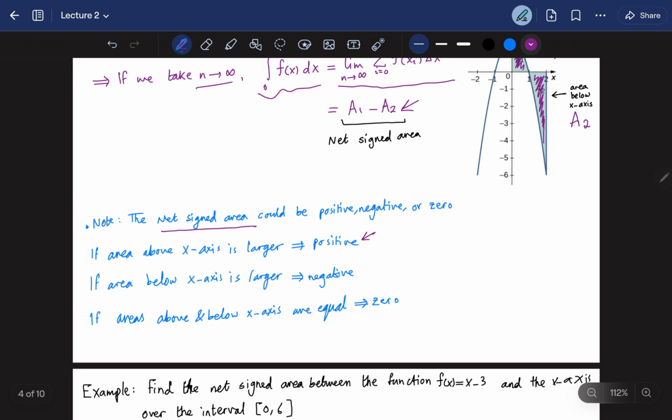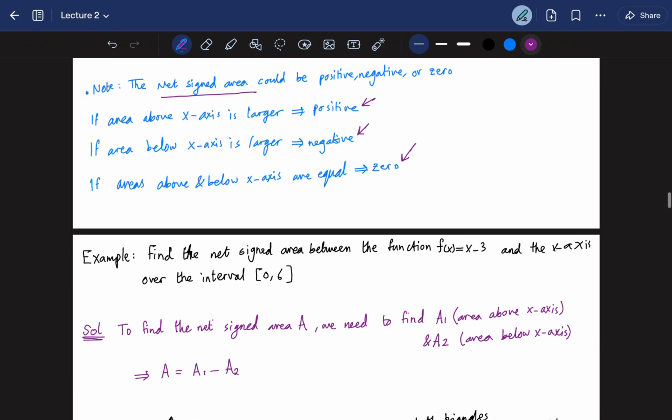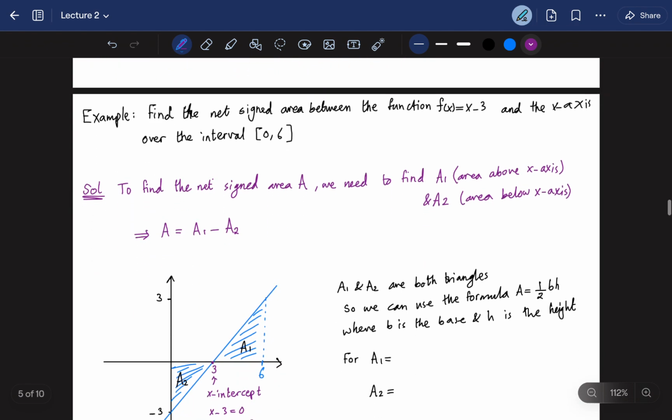It's going to be positive when the area above the x-axis is bigger than the area below. It's going to be negative when the area below the x-axis is larger than the area above the x-axis. And obviously it's going to be 0 when they're equal, because if you subtract the same amount, it's just 0. So let's do an example and understand it a bit better.